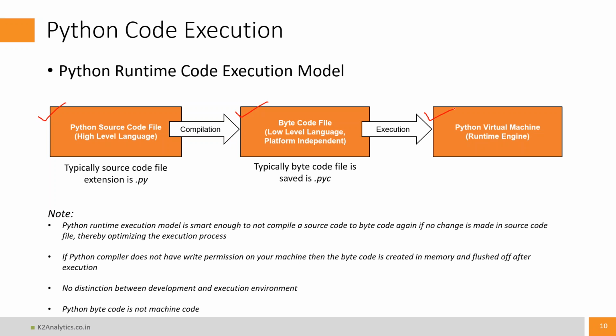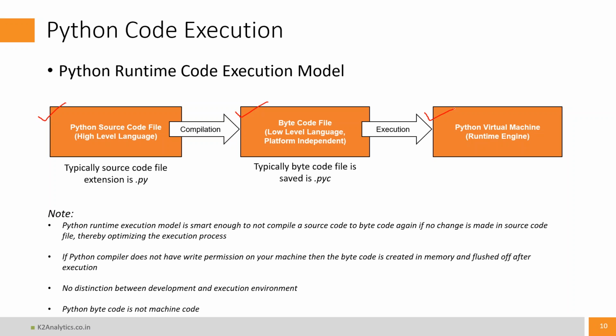So 3 steps. First, you write code in a high-level language. Typically, the Python script you store with a .py extension. When you compile it, that is basically where the interpretation happens. A bytecode, which is a low-level language outcome, is generated, with the extension .pyc.